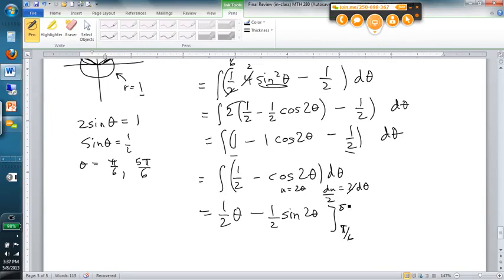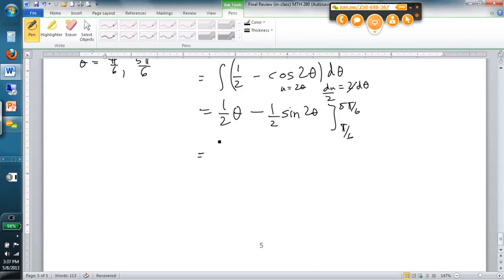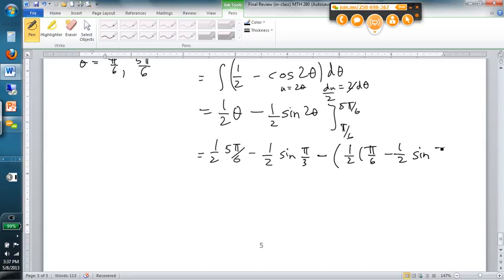So I get 1/2 times 5 pi over 6 minus 1/2 sine of pi over 3, so multiply that by 2, minus the 1/2 pi over 6 minus 1/2 sine of pi over 6 times 2, which would be pi over 3. So it's 5 pi over 12 minus 1/2 sine of pi over 3, 60, square root of 3 over 2.